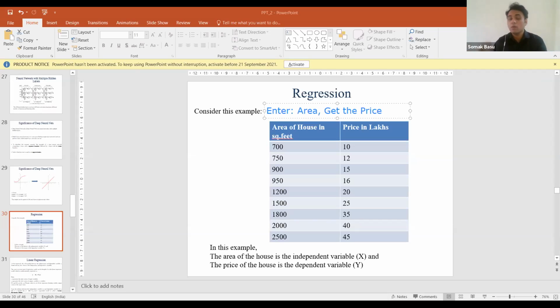This is what I want to do. So first of all, I need to find a relation between the area of the house and the price. This is called the independent variable x and this is called the dependent variable y.